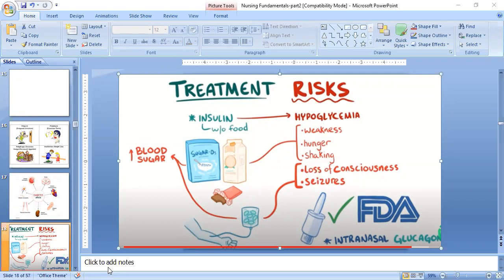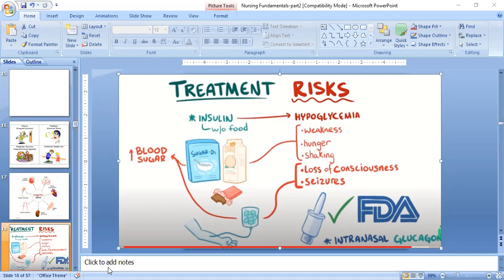And how they have to administer the insulin, I have another lecture about insulin, so I believe you know that.